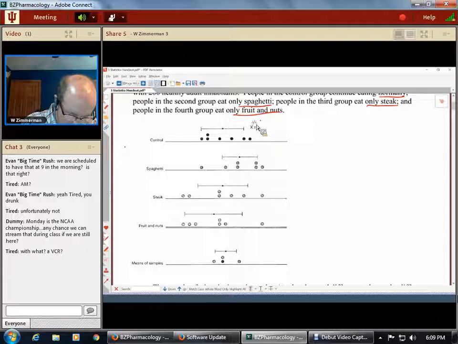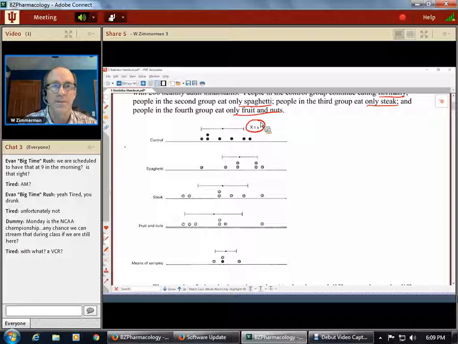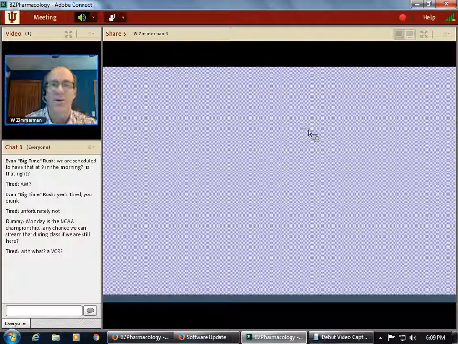And in this example, this is mean plus or minus standard deviation, so it's actually presented correctly. S all by itself is standard deviation. So that's mean plus or minus the standard deviation.